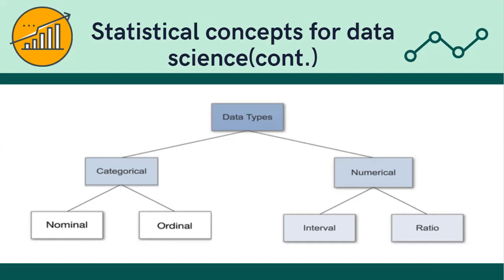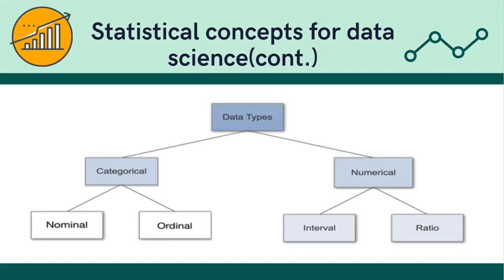Then we come to numerical data types. Numerical data types are of two types: interval and ratio, or basically continuous and discrete. When we talk about interval, interval means a continuous variable. A continuous variable is what we can measure, but we cannot count. For example, PM particles, the air pollutant particles, are expressed in parts per million, that is ppm.